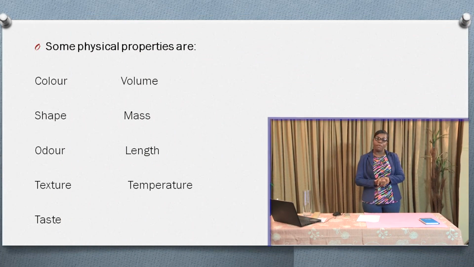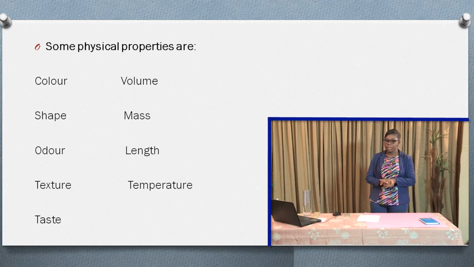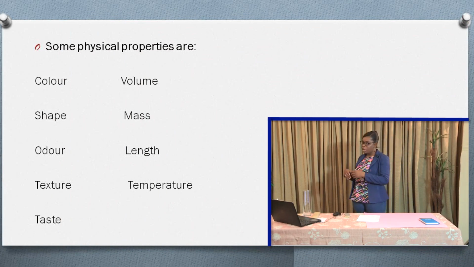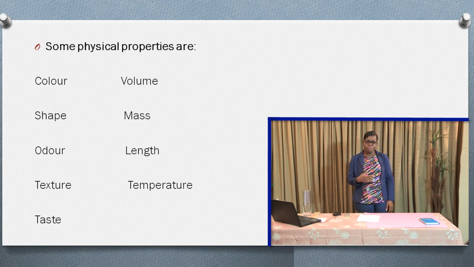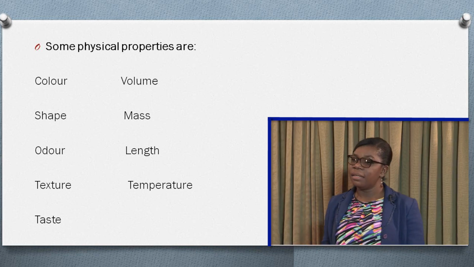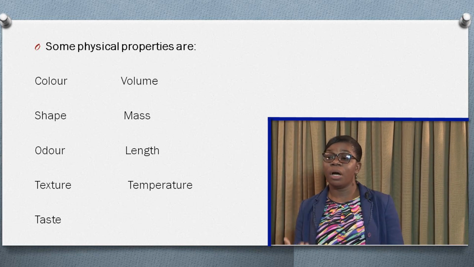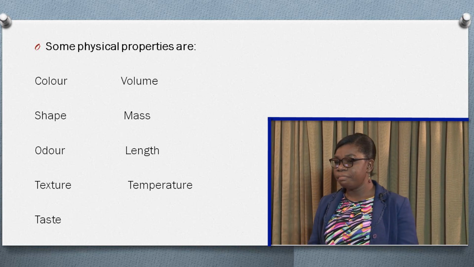Some examples of physical properties will be color, shape, odor, what else? Texture, and so many more. That has to do with our 5 senses: volume, temperature, length, mass. That has to do with how they are measured. Good?